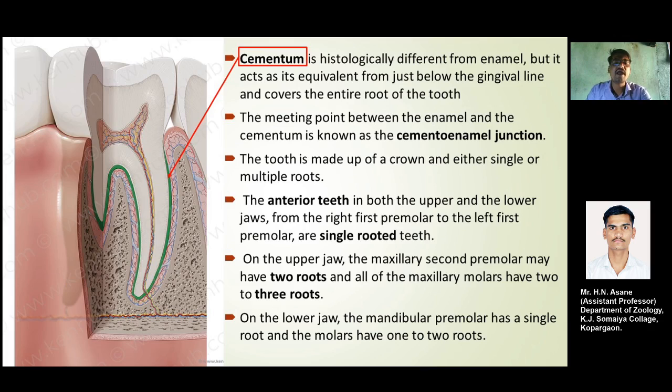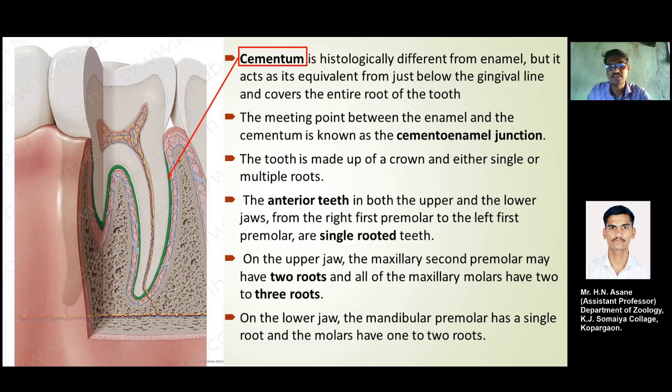Okay, so the anterior teeth in both the upper and the lower jaws, from the right first premolar to the left first premolar, are the single-rooted teeth. In the upper jaw, the maxillary second premolar may have two roots, and the maxillary molars have 2 to 3 roots.